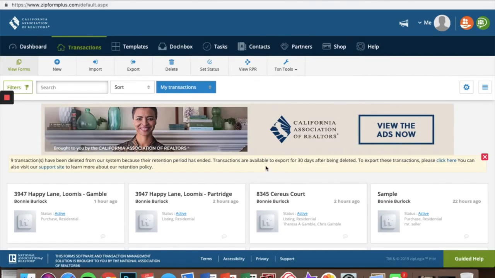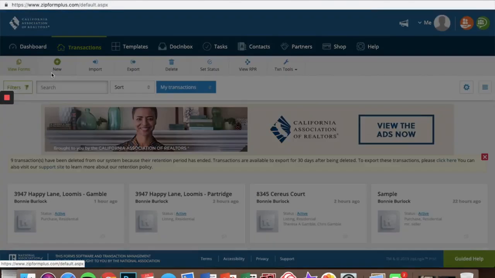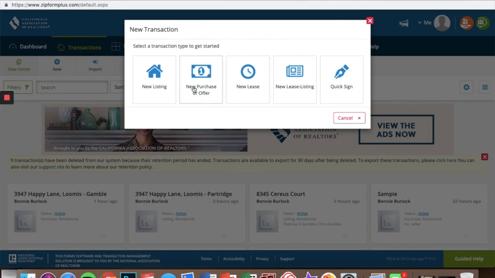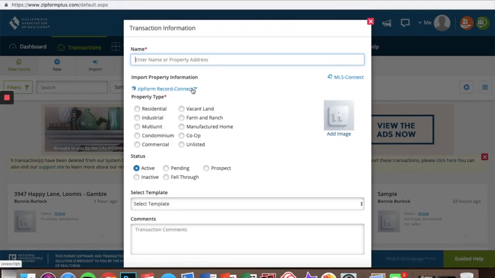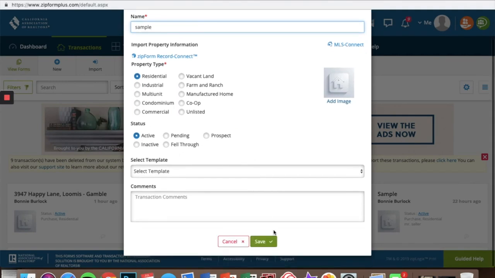And we'll initiate a new transaction by selecting New. We'll select New Purchase or Offer. Ordinarily, we would type in the name of our client or our property address, but for this example, I'm going to click Sample. We'll select Residential and Active, and then we'll select Save.